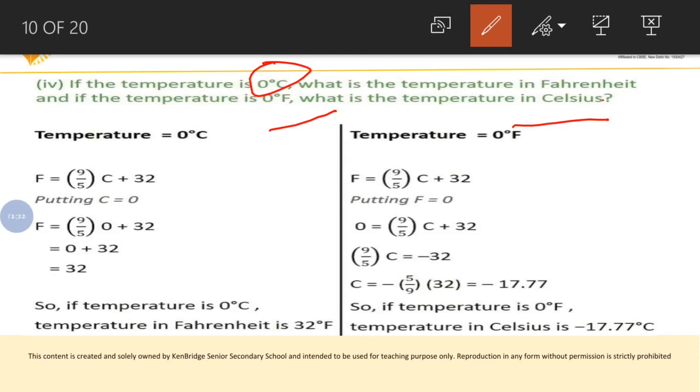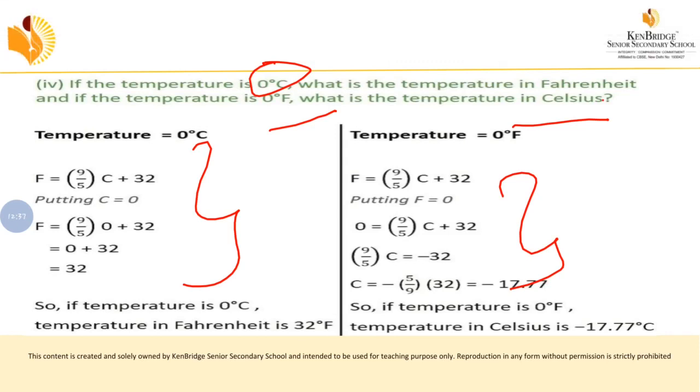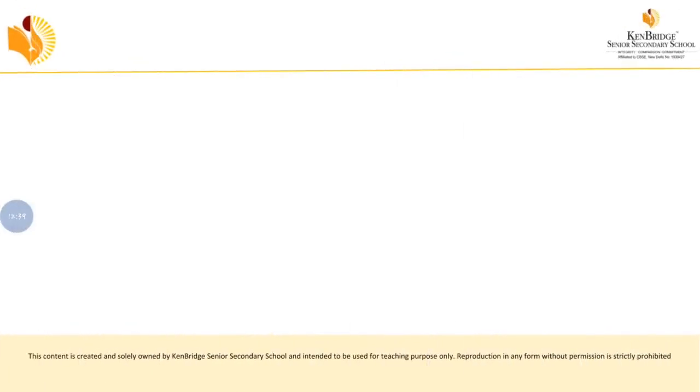In the same way as we did in the third subdivision, you have to solve. Then you will get a value for Fahrenheit as well as Celsius. So let's move on to the next one.